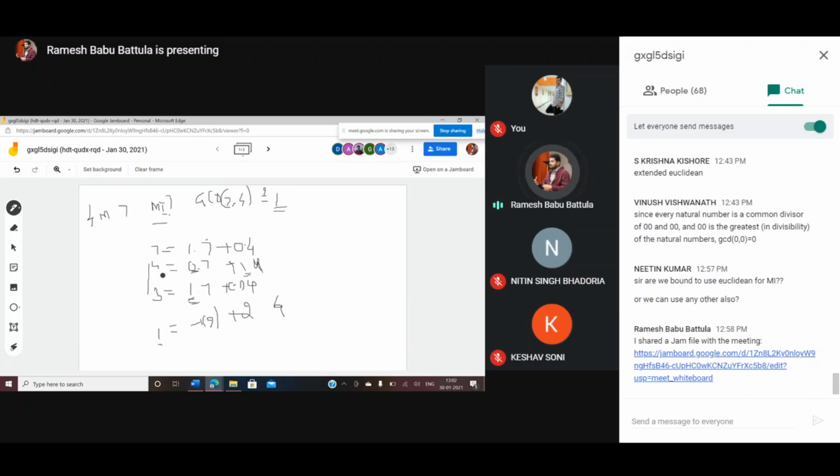Then 4 has a multiplicative inverse value, and that multiplicative inverse value is going to be this 2. Why? Because whenever you multiply 2 into 4, 2 into 4 is congruent to 1 mod 7.